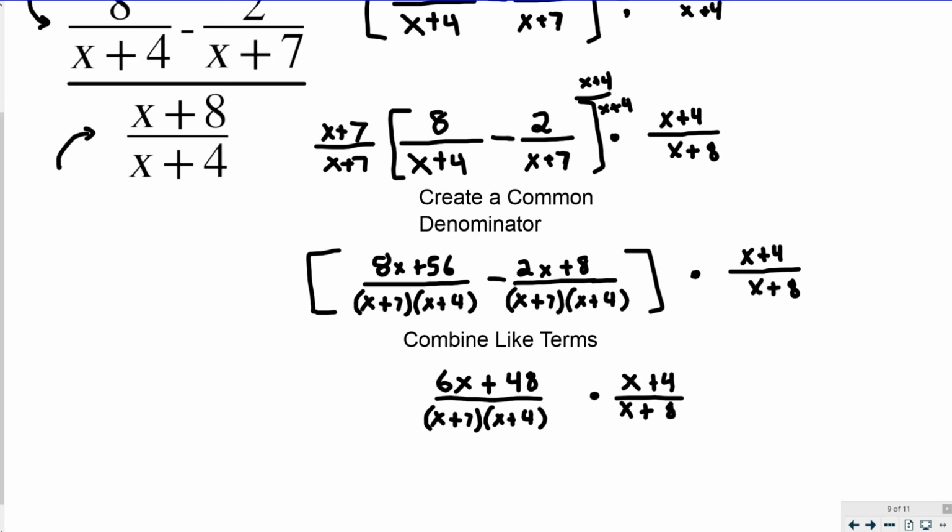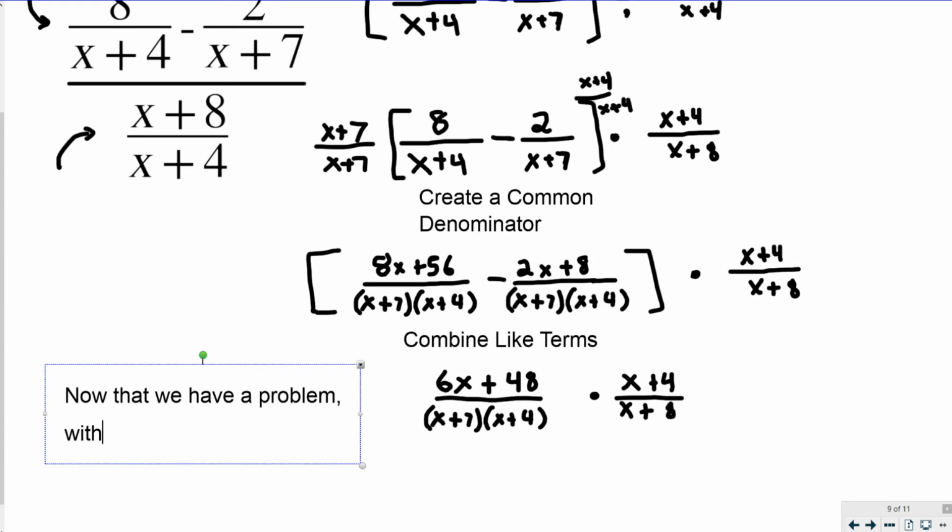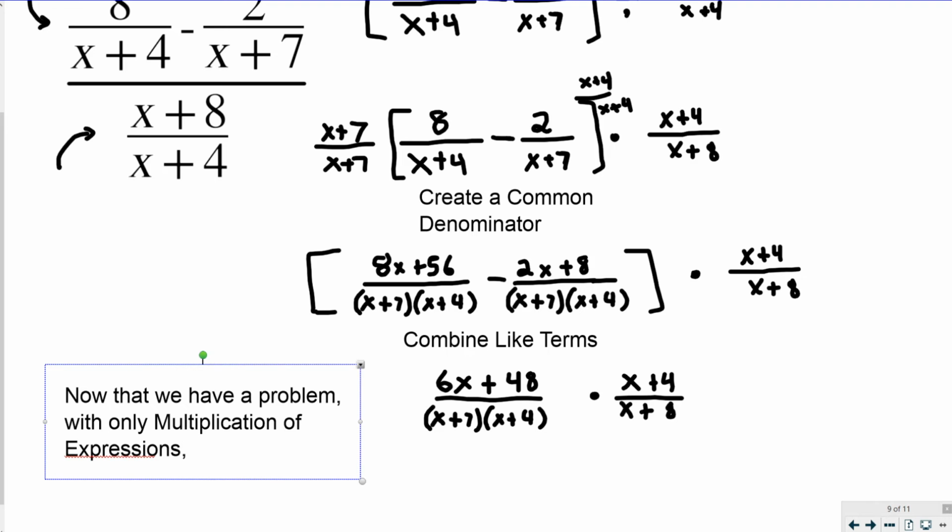So I'm going to put a little note here. Now that we have a problem with only multiplication of binomials or expressions, we can cancel terms.